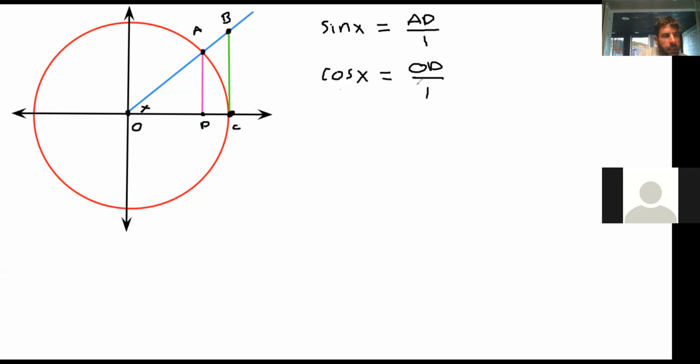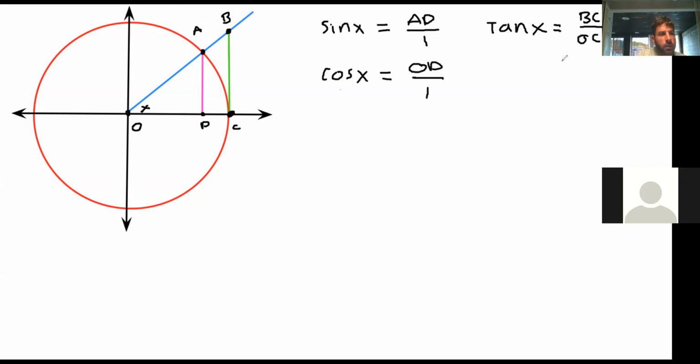And I'm getting this information, by the way, I'm trying to go slow, so if I'm boring you, I apologize, but I think this is an important exercise in problem solving. I get this information from the first triangle. Now I'm going to use the other triangle, the bigger one, and I'm going to say that the tangent of x, which is the opposite over adjacent, is BC over OC.